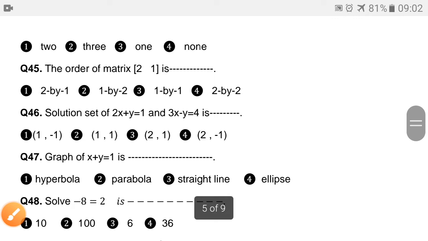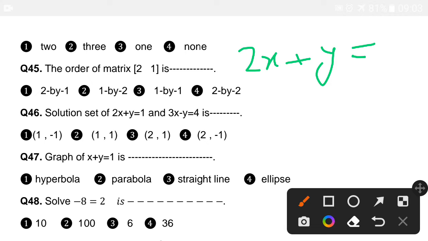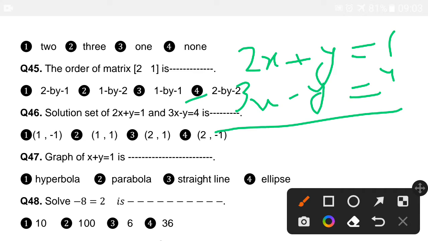Next question is: the solution set of 2x plus y equals 1 and 3x minus y equals 4 is. This is a simultaneous linear equation, so we have to solve it. There are many methods to solve this. 2x plus y equals 1, 3x minus y equals 4. By addition, the y terms cancel out, and we get 2x plus 3x, which is 5x, and 1 plus 4 is 5.